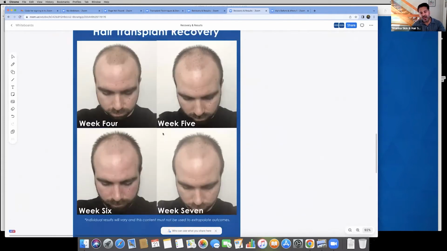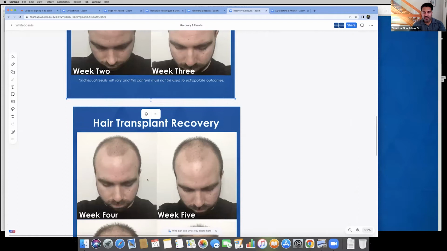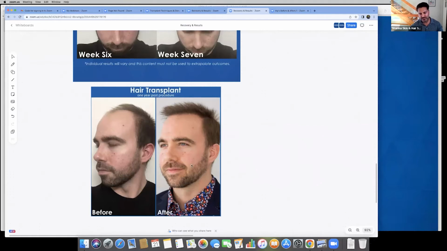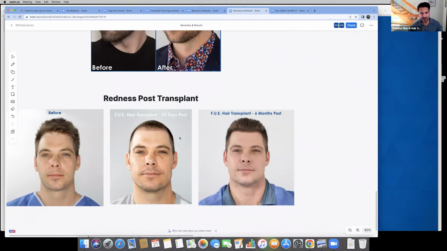Now, oftentimes patients will become quite anxious around week 4, week 5, because they think some of the grafts are falling out. So this is the gentleman that we saw in the first picture who had 3 surgeries, and that's him after. I'm quite pleased with these results.